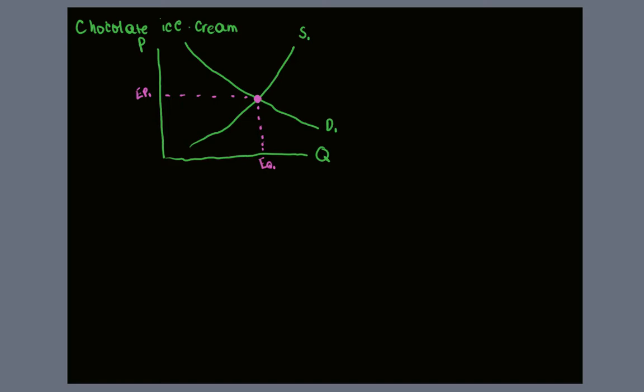So this problem tells us that out in the Midwest, let me change my color. Out in the Midwest, we have a situation where there's a reduction in milk-producing cattle who produce the milk for the cream that goes into the chocolate ice cream. So we have a reduction in cream, which ultimately means we have a reduction in chocolate ice cream.